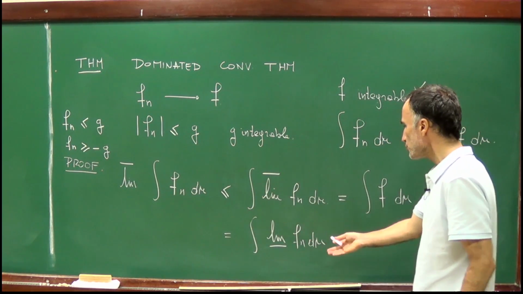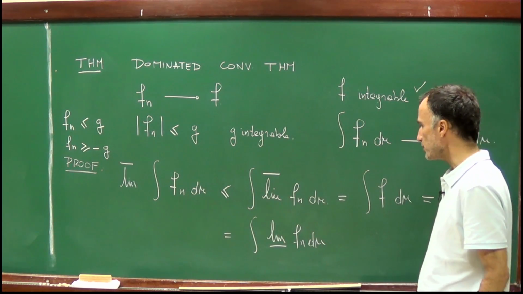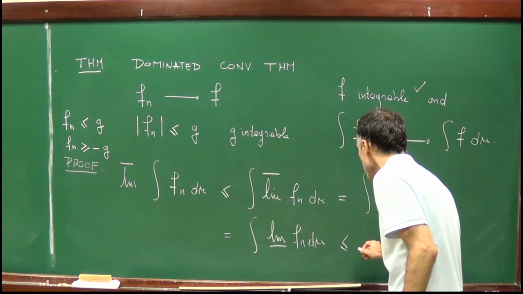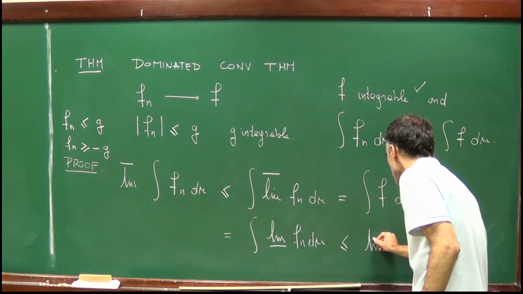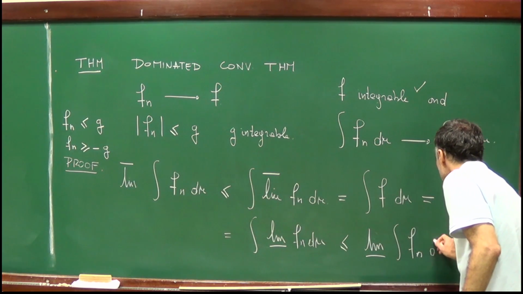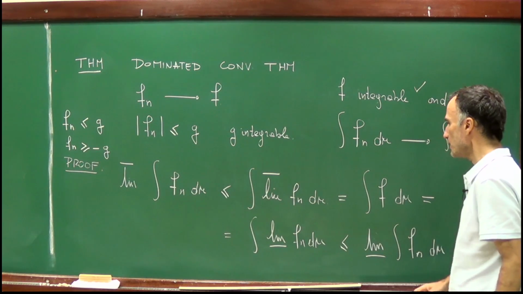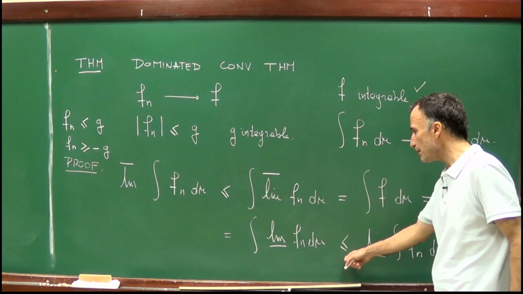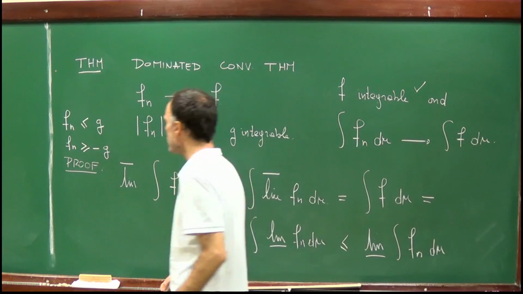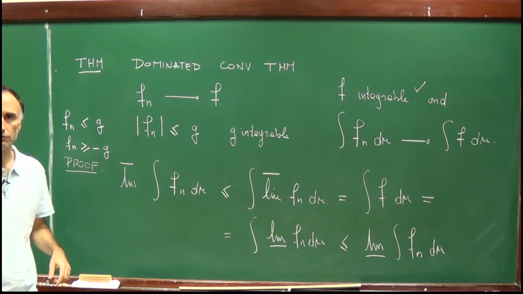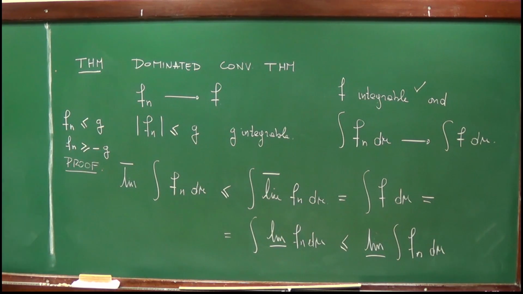And now we'll use the second inequality given by Fatou's lemma, that the integral of the limit inf is smaller than the limit inf of the integrals of fn d mu. This is the first inequality we proved in Fatou's lemma, and we are allowed to use that because fn is greater than or equal to an integrable function. So let's go back to the previous board to check that.